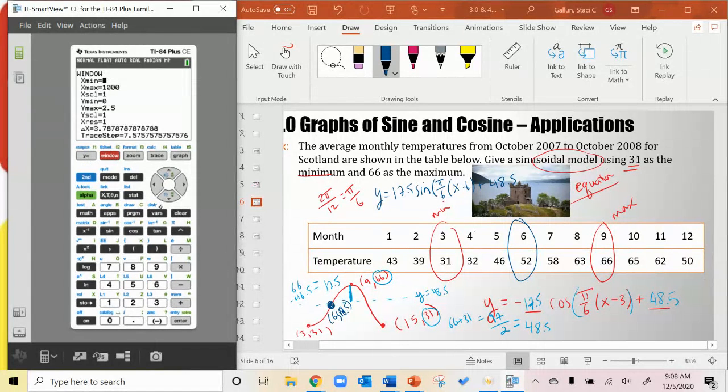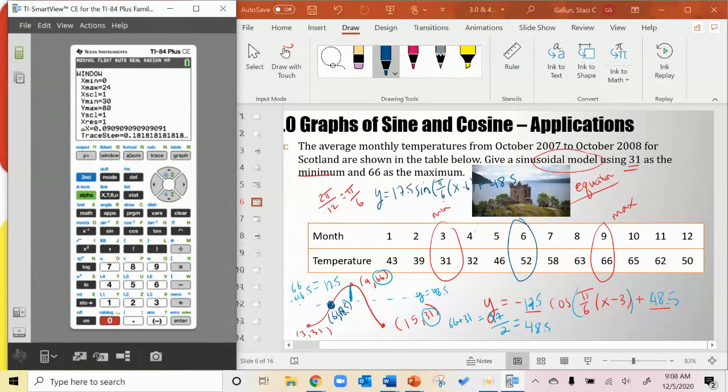And I'm going to go ahead and change the window before I even graph it. So I know that my x is going to go from 0 to 24, so we can see a few cycles. Oh no, window, sorry. For y, I'll make it go from 30 to 80.